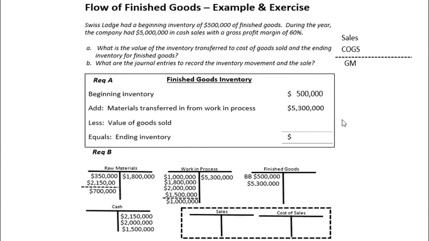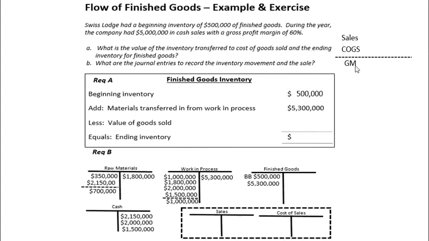So remember, when you look at a multiple step income statement, the first three lines are typically your net sales, minus your cost of goods sold equals your gross margin or your gross profit. You will remember that we've seen that in our multiple step income statement.